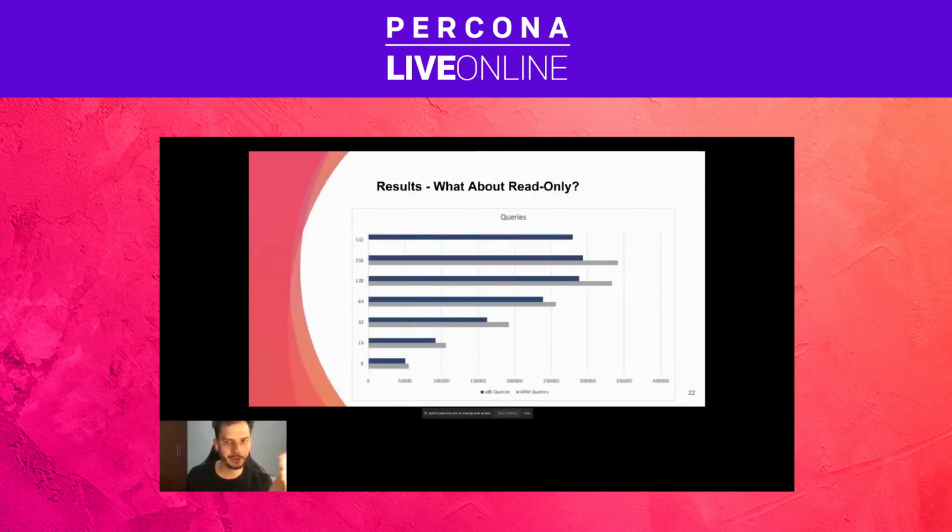Same for queries, as we expected. As we can see here, there is a big difference while we are increasing the number of threads, and the value is somehow smaller or more similar when we are running low workloads.